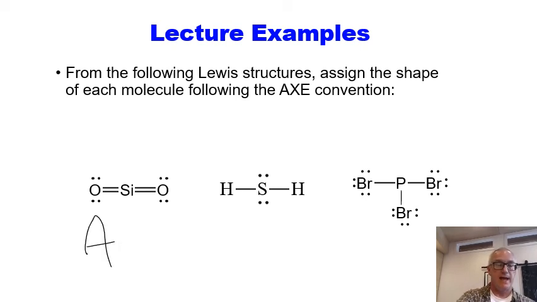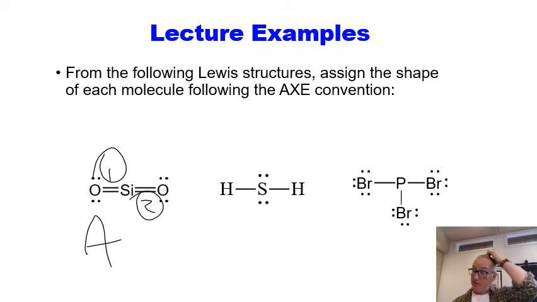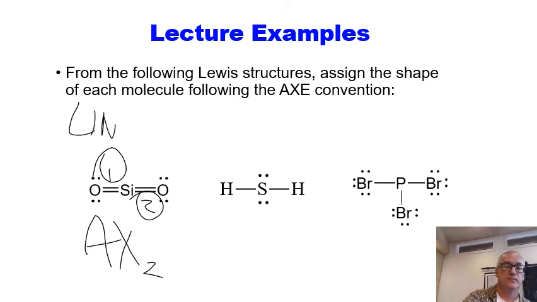So A is my silicon. I've got 2 bonding regions, one here and one there. Even though they're double bonds, remember, it's still a bonding region. So I have AX2. And how many lone pairs on the silicon? None. So it's just AX2. And if we look up what that is, linear.